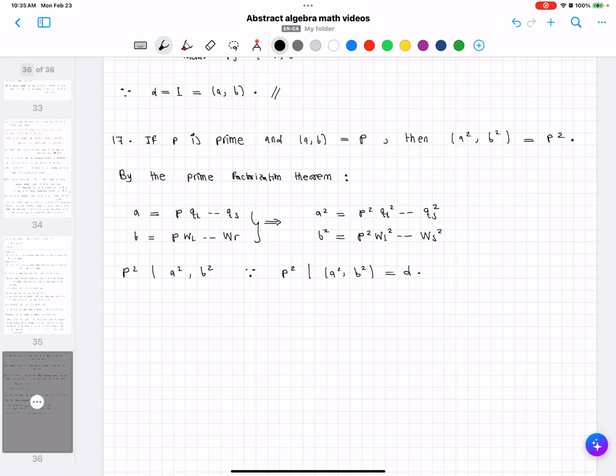So notice here that we have also written the prime factorization.